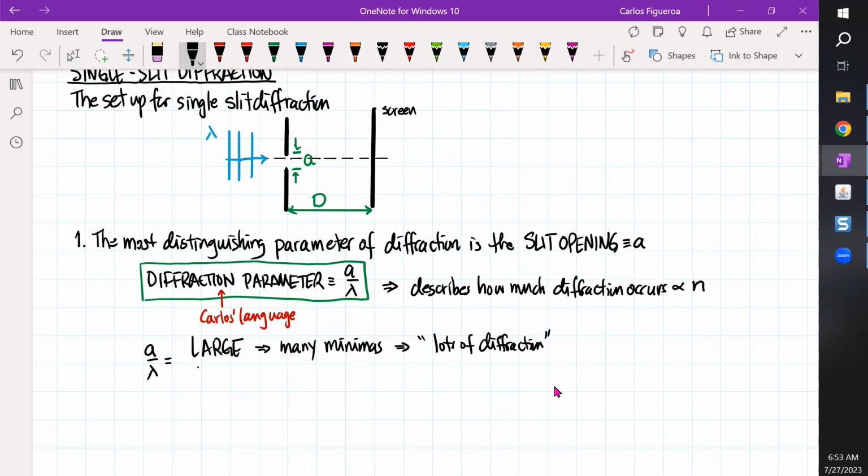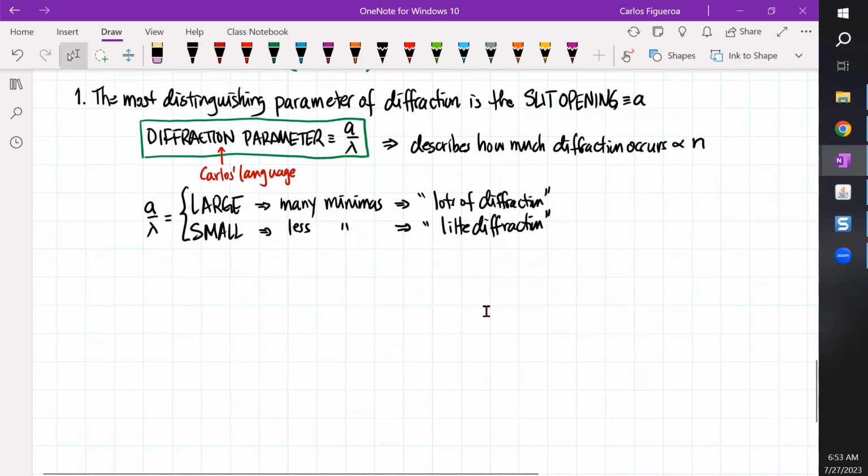On the other hand, if the number is small, then I have fewer minimas, and therefore I have little diffraction. It has the same feel. Now we're really starting to see the difference.